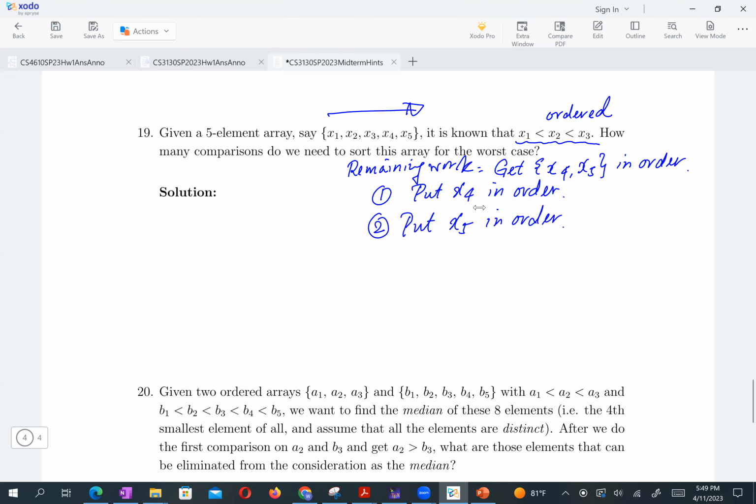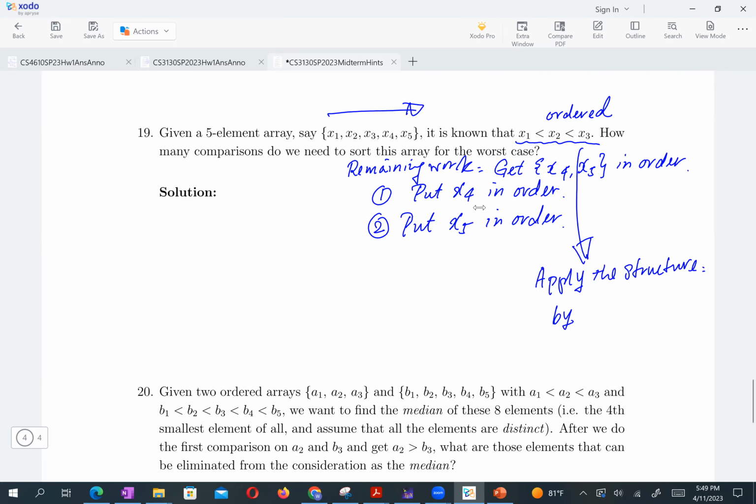Because the current subarray is ordered, can we take advantage of this ordered information? We need to apply the structure by the binary search.